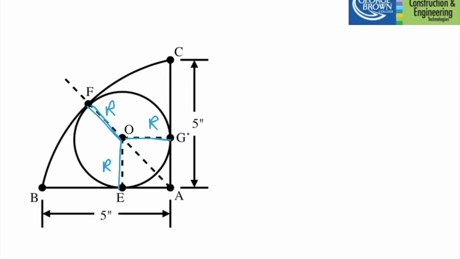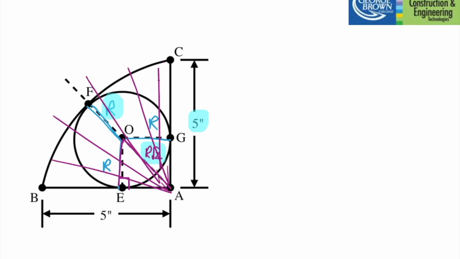So that diagonal there, keep in mind this is a square, that's R root 2. And then you can draw a simple comparison to the 5 inches. See, R plus R root 2 should be the same as 5. Why is it the same as 5? Because everything I'm drawing right now is 5 inches, because it's a quarter of a circle.